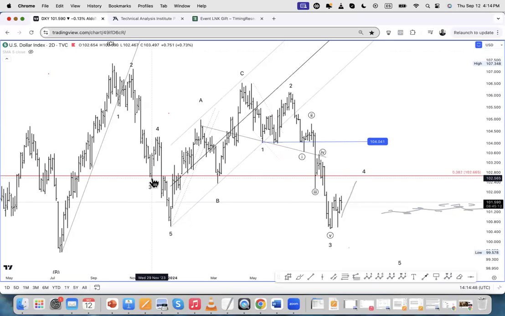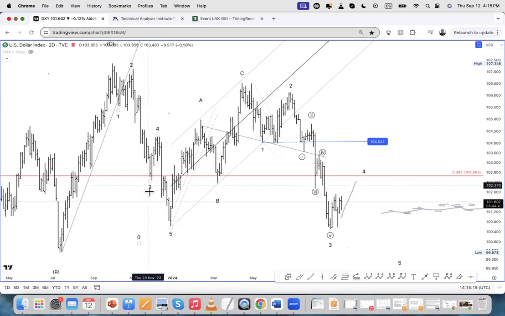Notice the difference here between degrees and time frames. Not all the subwaves of a particular degree are visible within a particular time frame. In this case, wave 3 is very clean and visible. Wave 5 may not be as clear, but with a little bit of effort, we could see here wave 1, a 2, a 3, a 4, and a 5. Wave 1 will be a little bit more complicated to see those 5 waves.